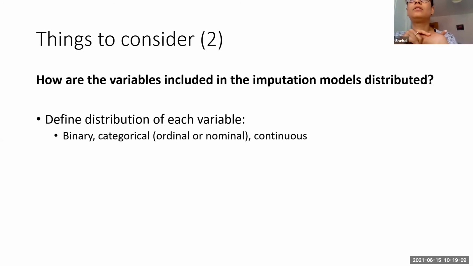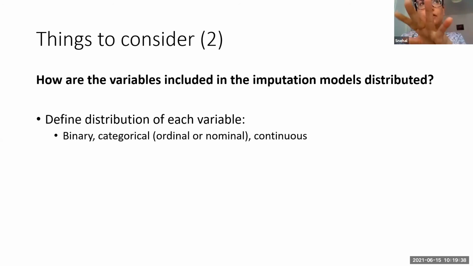So for example, social class and education would be ordinal categorical variables where there's an order to it. Nominal categorical variables would be things like region of residence, or NHS trust or something like that. And then continuous variables are obviously just variables that can go from 0 to infinity or negative infinity to infinity.